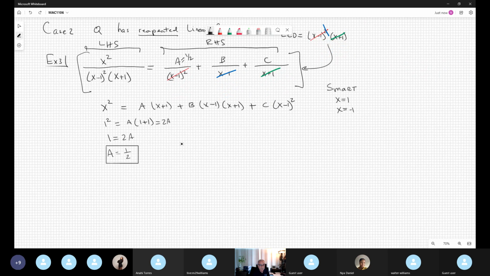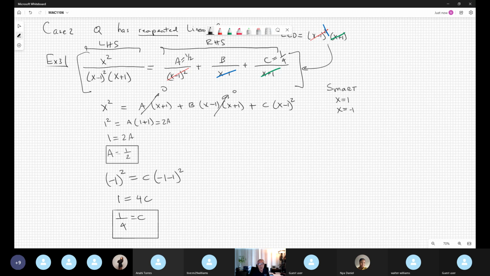This is -1 squared is equal. That part disappears. That part disappears, because -1 plus 1 is 0, and that part no. This is C times -1 minus 1 squared. And -1 squared is +1, and -1 minus 1 is -2, and -2 squared is +4. Therefore, C is 1/4. So I copy here, C is 1/4.